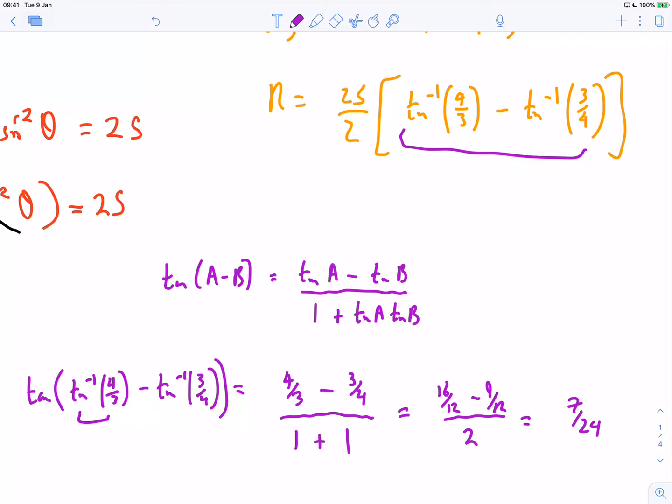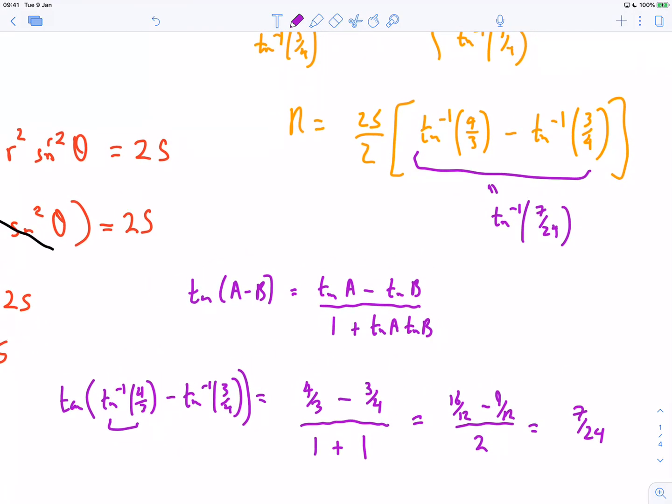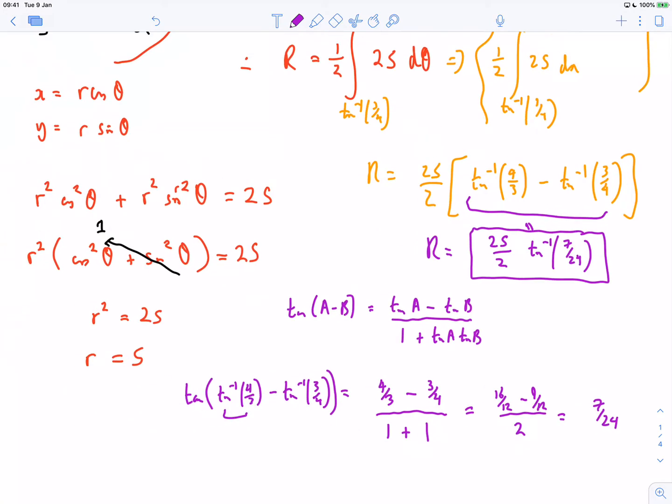So this stuff here is the inverse tangent of 7 over 24. So if you really want to be specific, the area is 25 over 2 lots of the inverse tan of 7 over 24, and that's the exact value of that area.